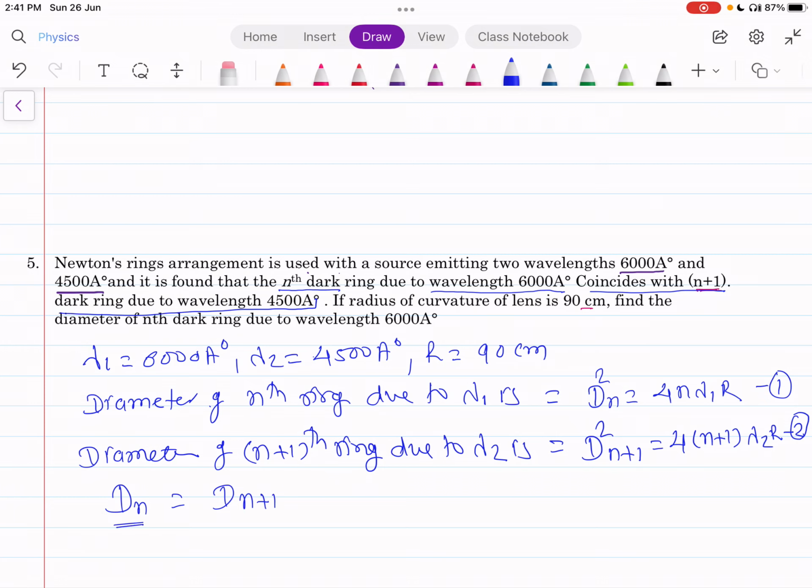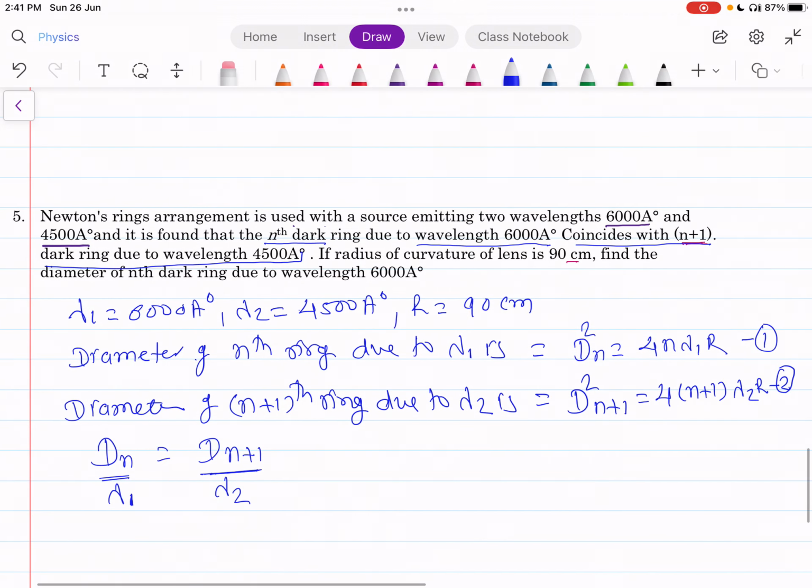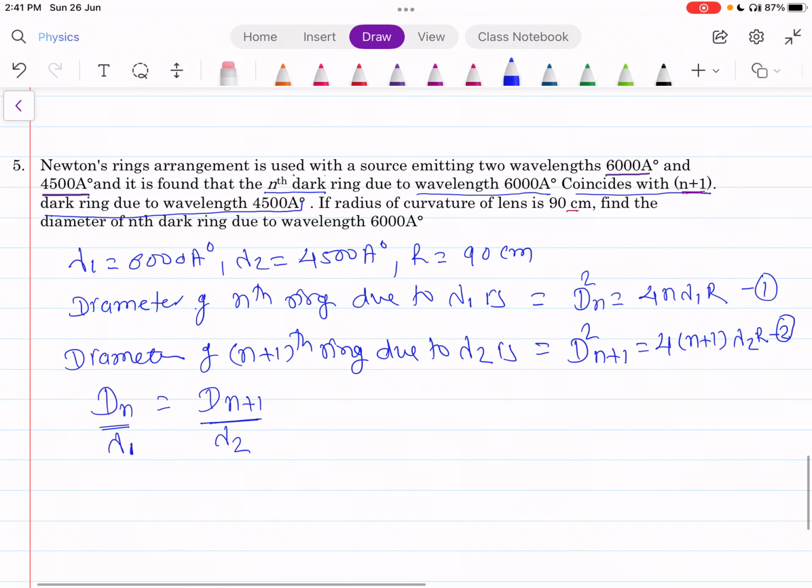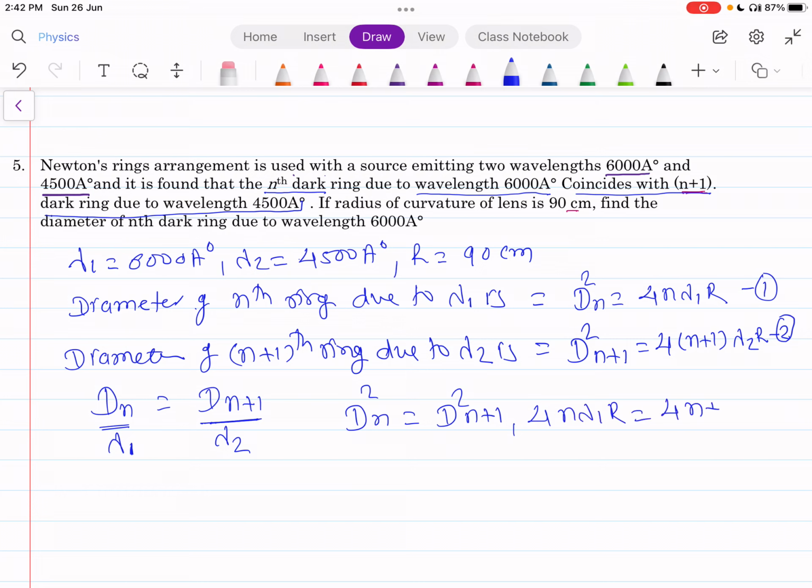So we can equate 1 and 2. That is, diameter square of nth ring is equal to diameter square of n plus 1th ring, which is 4n lambda 1 r is equal to 4 n plus 1 lambda 2 r.